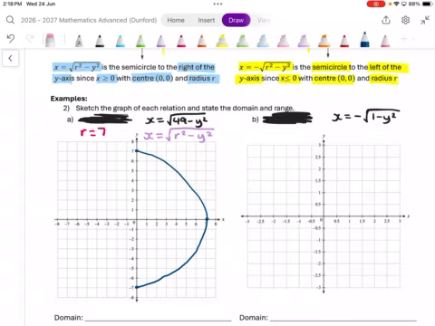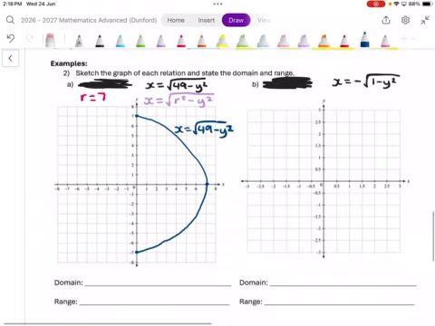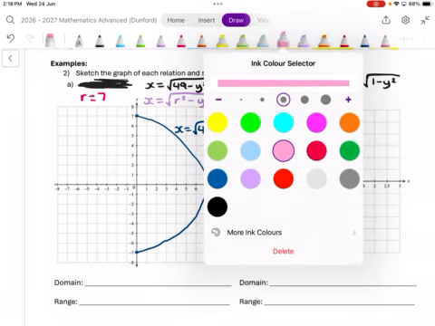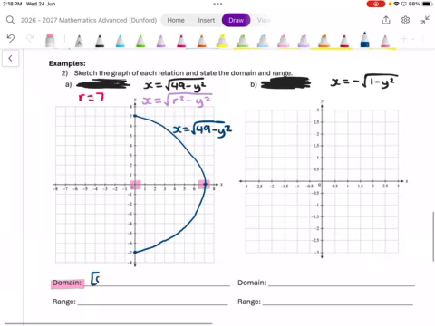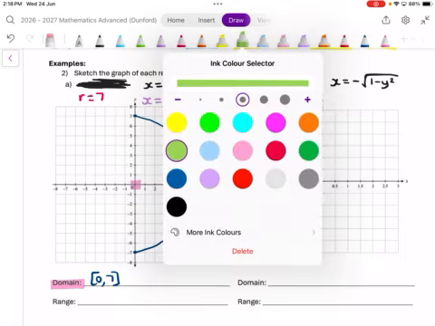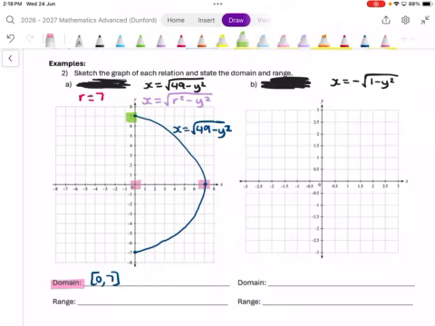Okay, so that's x equals the square root of 49 minus y squared. Now we need to find its domain and its range. So our domain is our x values, so 0 to 7. Our range is our y values, negative 7 to 7.